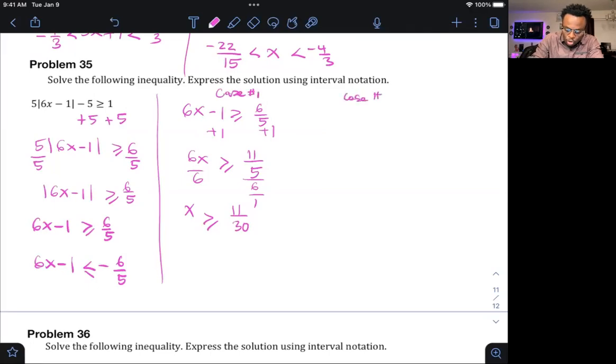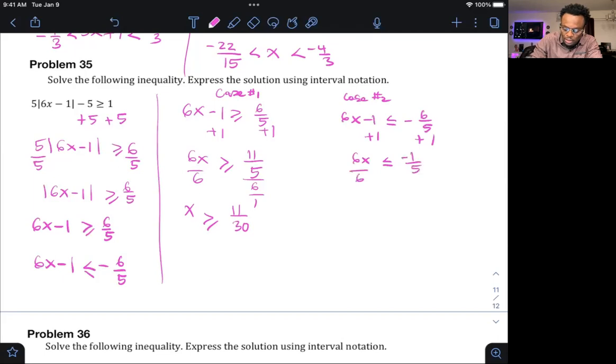Case number 2 would be 6x minus 1 less than or equal to negative 6 over 5. We would add 1 on both sides. 6x less than or equal to negative 1 over 5.